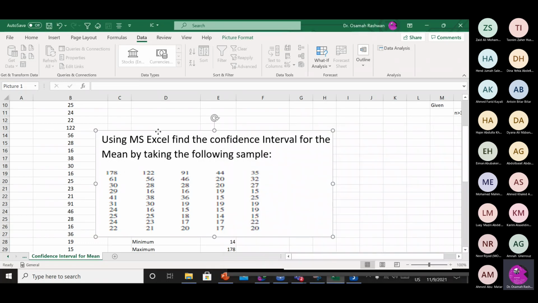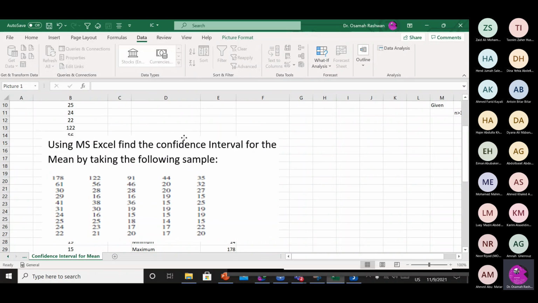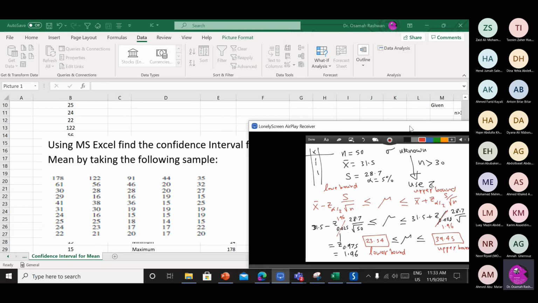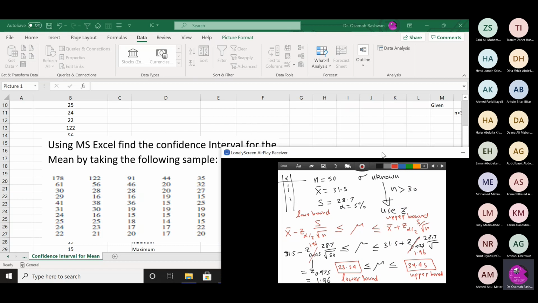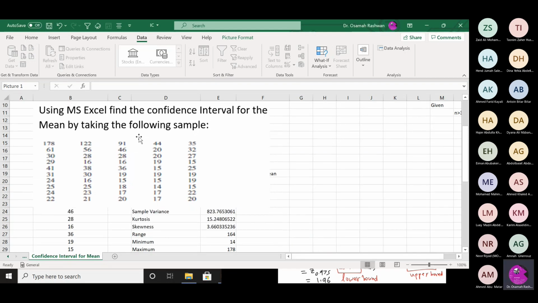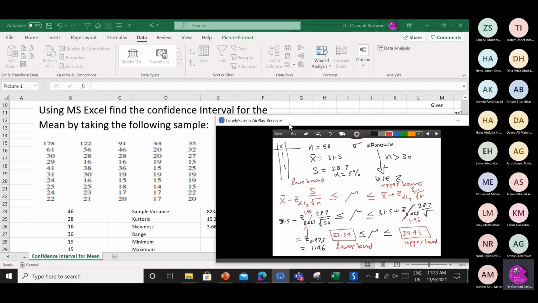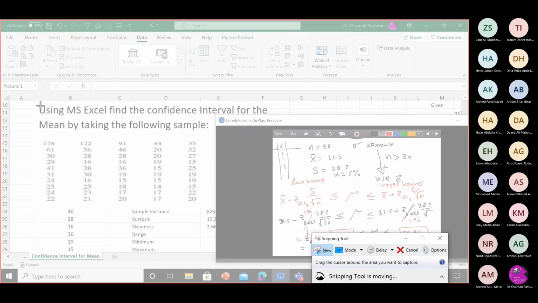But up to the box, all the box saying if sigma is unknown and your sample size is bigger than 30, so you can use the Z, right? Now we solve it by hand. I can take a screenshot. Okay.